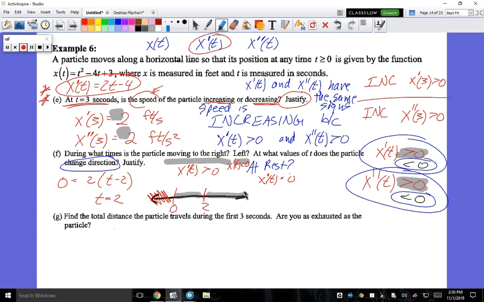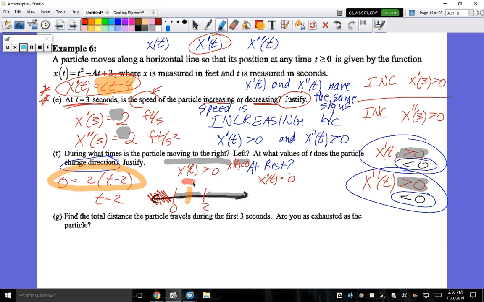So I'm going to put 1 into the derivative function that I found, my velocity function. If I put 1 in here, what am I going to get? A negative. I don't care what the number is, I'm going to get a negative. And if I put something like 3 for my other interval, what am I going to get?